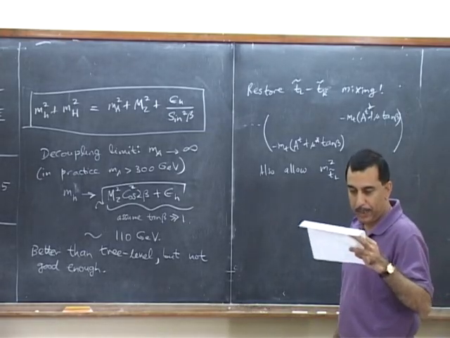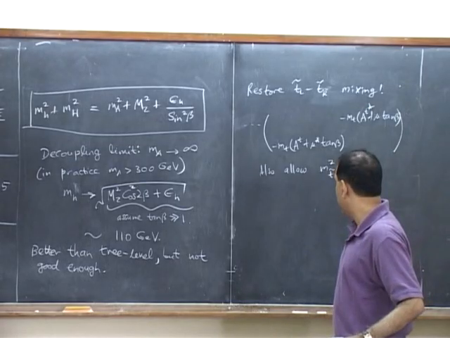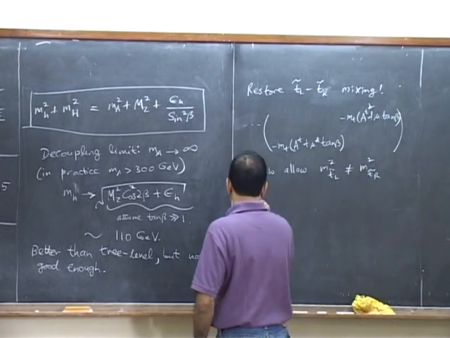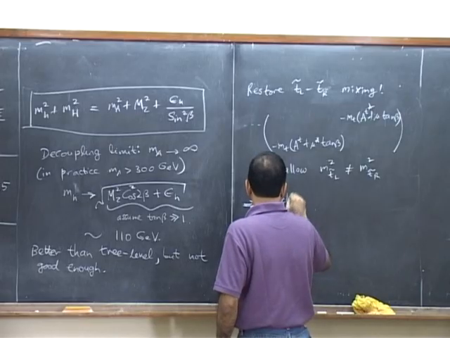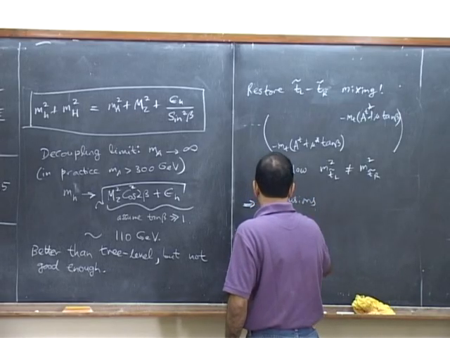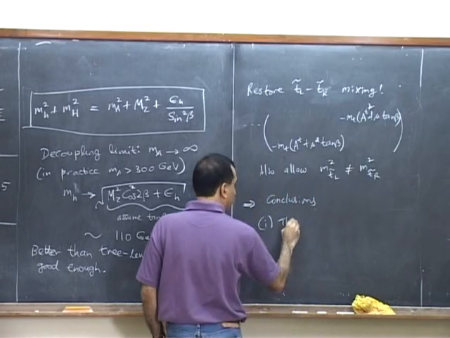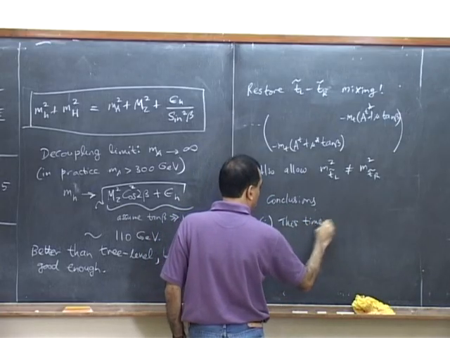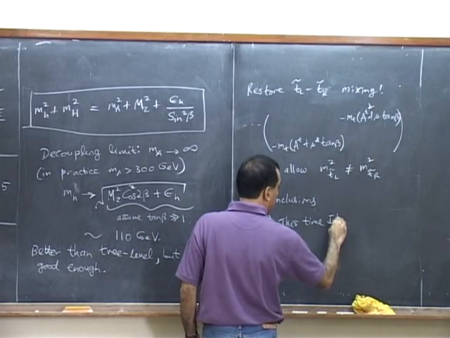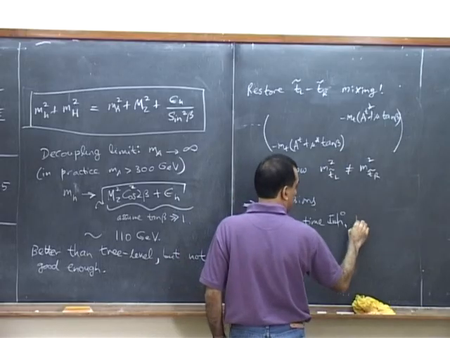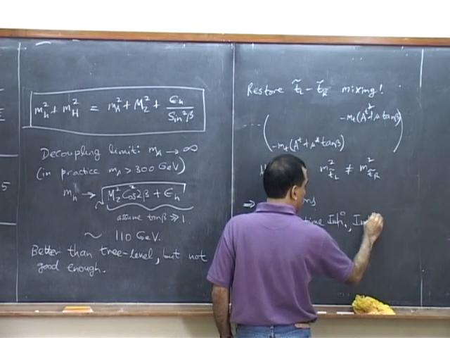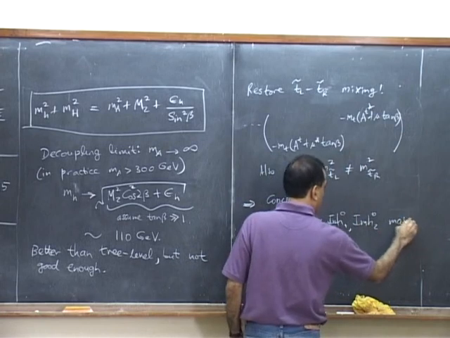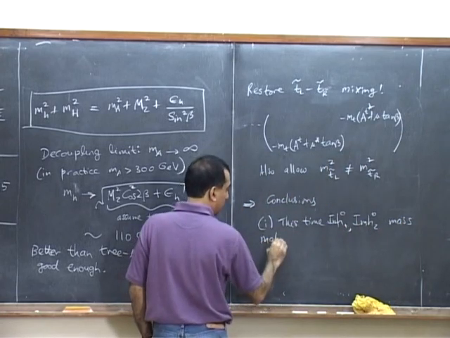Okay. And at the end of this, we find the following interesting conclusions. I'm not going to go through them in any detail. One is that this time the imaginary H1 0, imaginary H2 0 mass matrix does suffer a change.